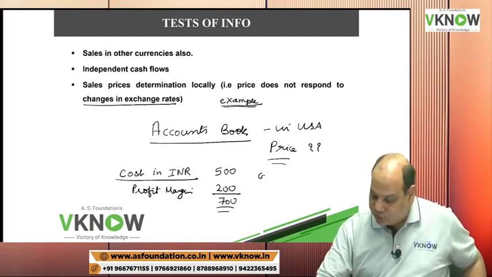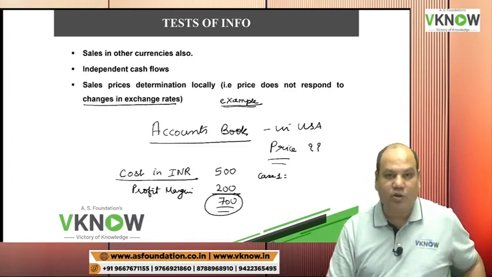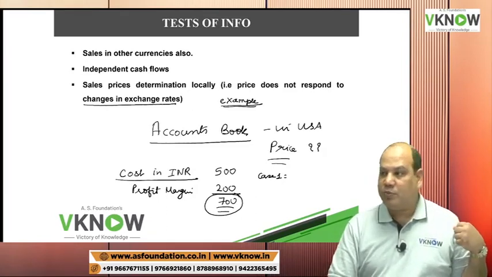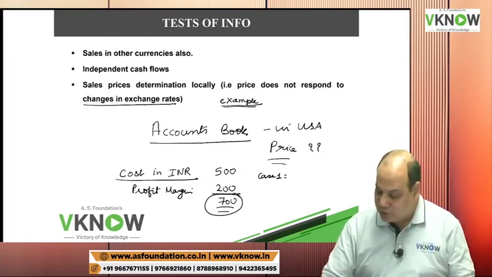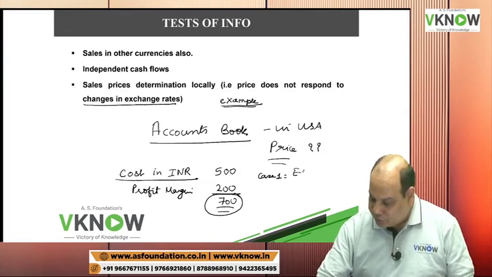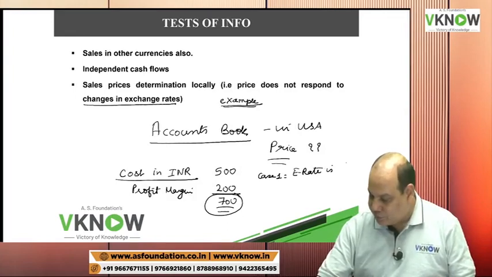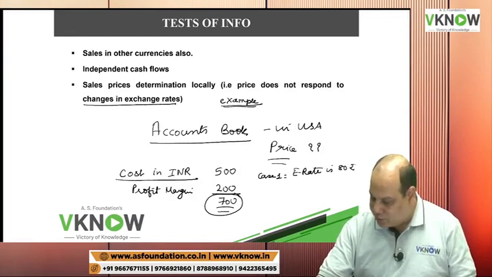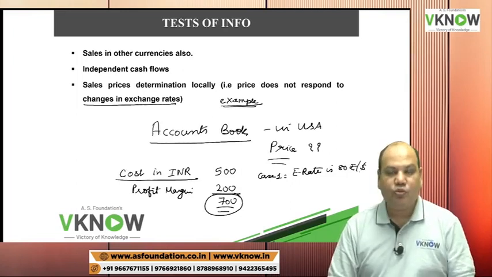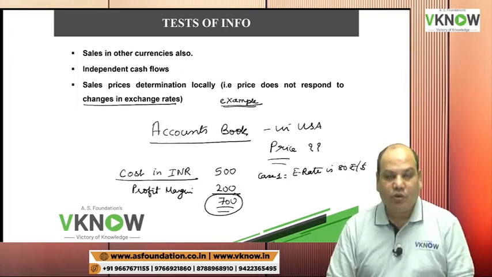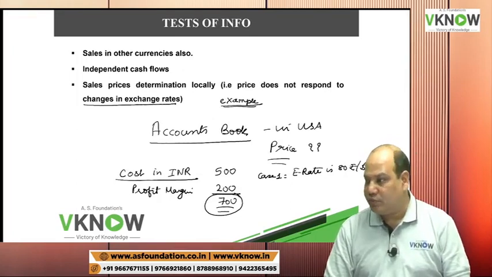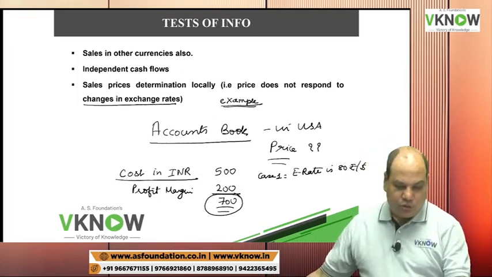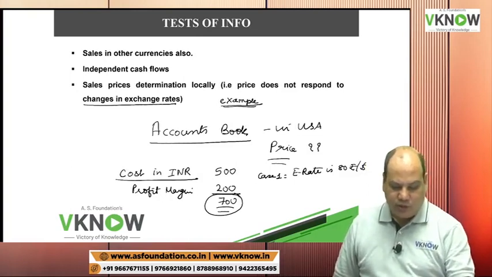Now case 1, I want 700 rupees in my pocket. If 700 rupees comes to my pocket, I am happy, I got the required profit margin. Case 1, exchange rate is 80 rupees per dollar. What is the price to be quoted in USD, United States dollar?